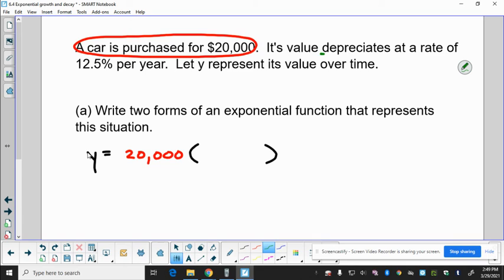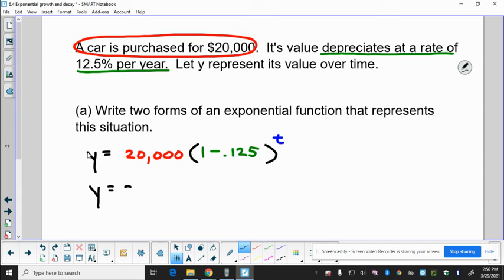Now, I don't know if you know what this means, but if it depreciates, that means it goes down. So here's how I'm going to write this. 100 minus 12.5% as a decimal looks like this. That's a pretty tough one to work with, but that's the way it's going to look per year. Okay, everybody?